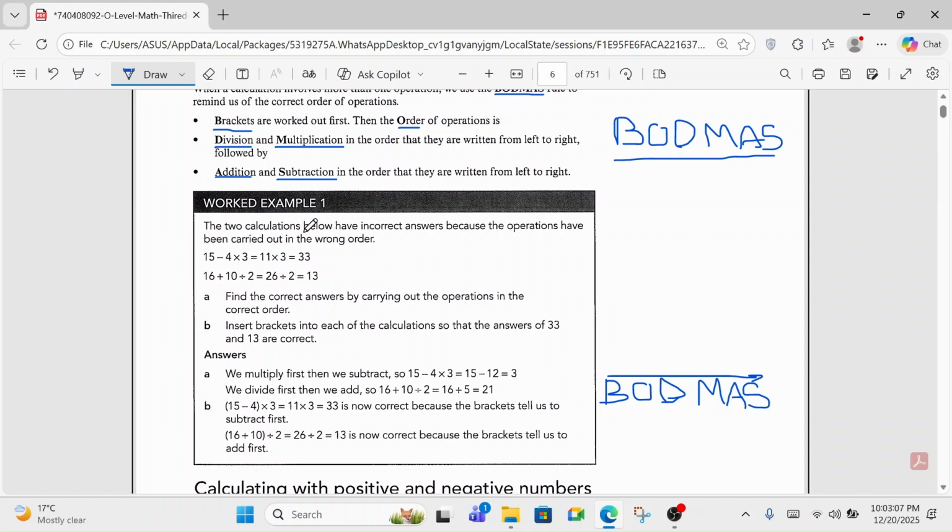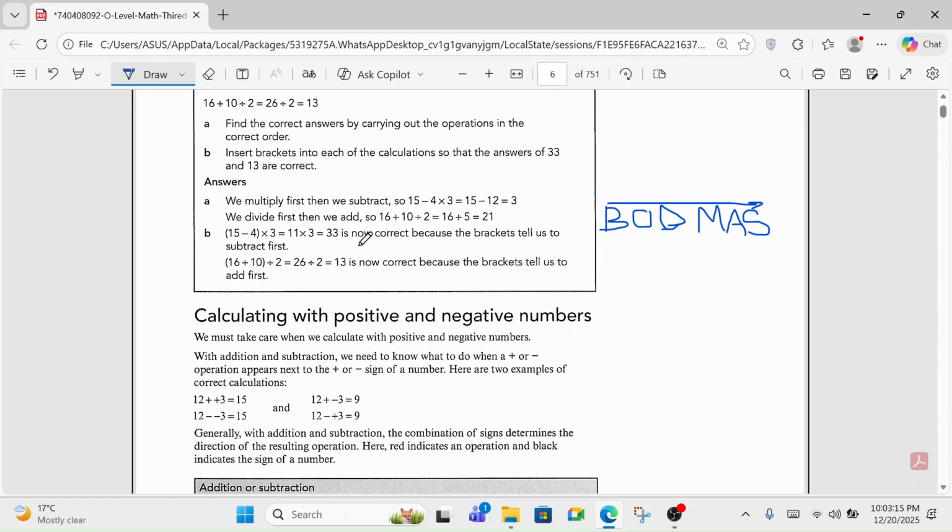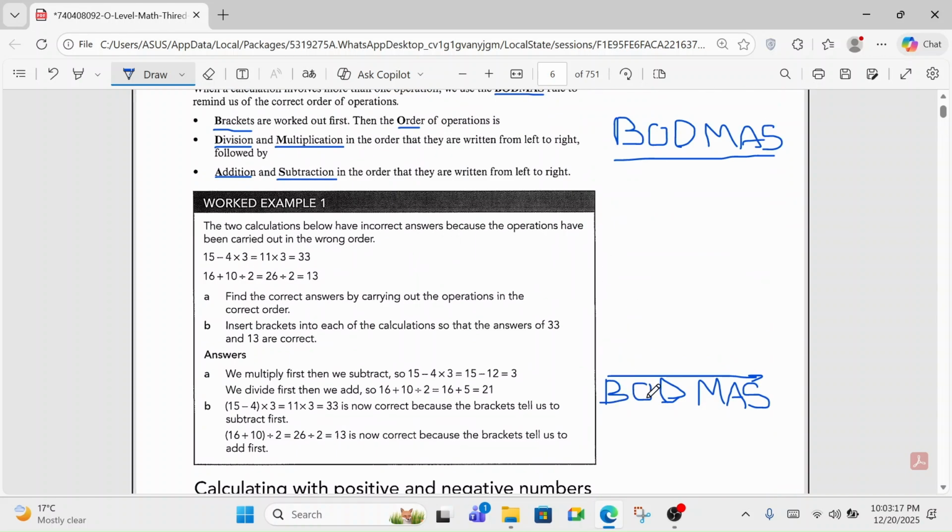The 2 calculations below have incorrect answers because the operations have been carried out in the wrong order. Now this is where BODMAS comes in handy. So 15 minus 4 times 3 equals 11 times 3 equals 33. This one? No. They are not correct.